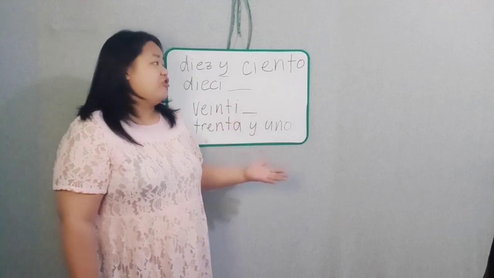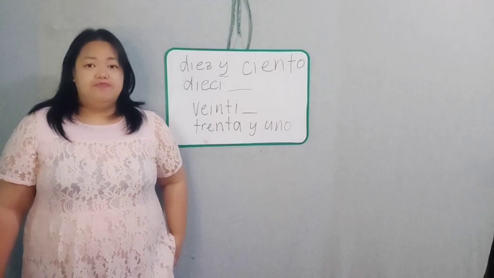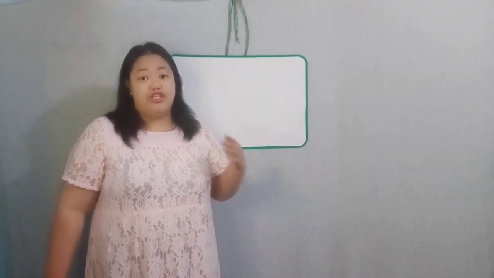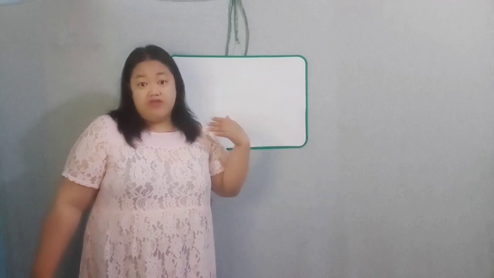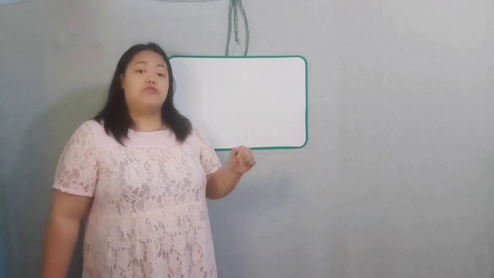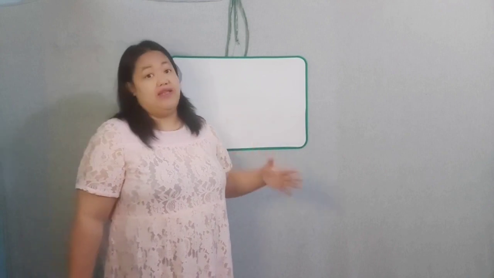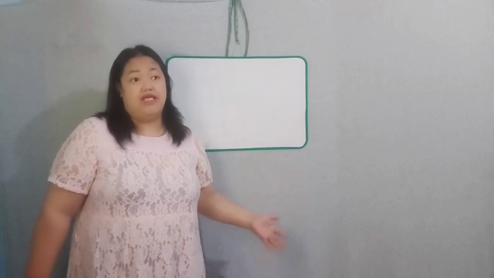Again, that's quinientos. So now that we have our 500, how you say 505 is quinientos cinco. For 520, it's quinientos veinte. So that's how you say 500. It's from its Latin roots, that's why it's quinientos.